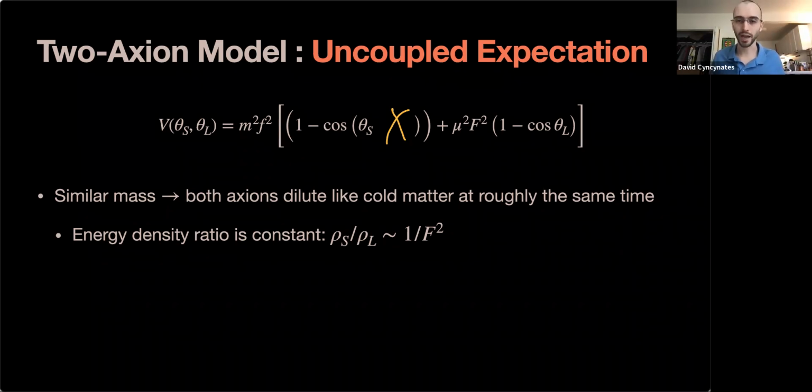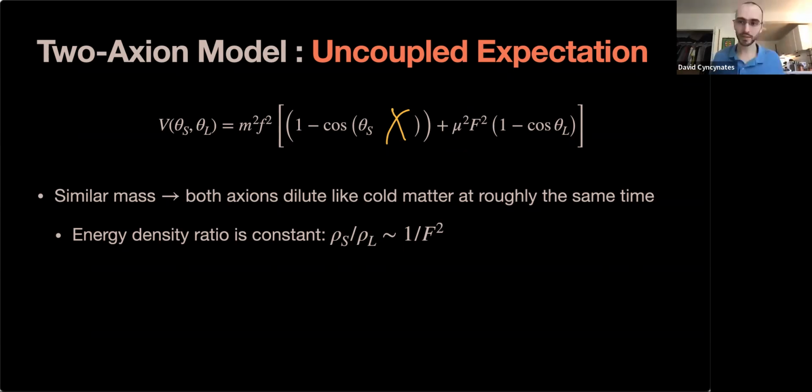If both axions start out with order 1 initial misalignment, then the initial energy densities of each axion will be given by their respective instanton scales. And the long axion's instanton is enhanced by this factor of f squared. So the long axion will dominate the initial energy density ratio by a factor of f squared.